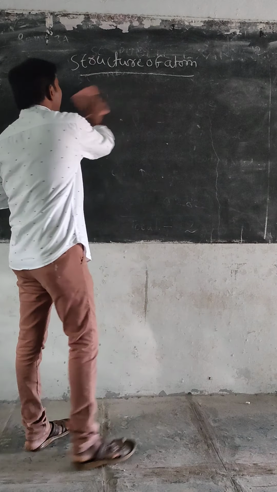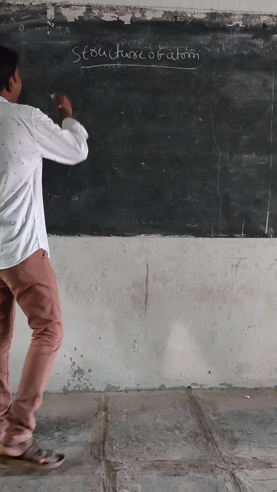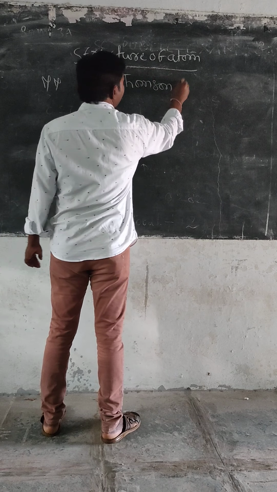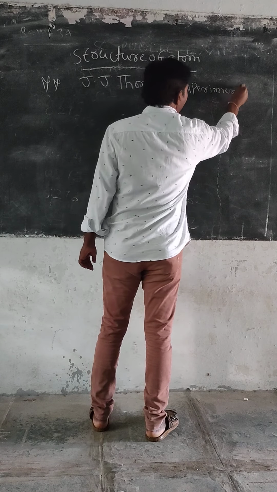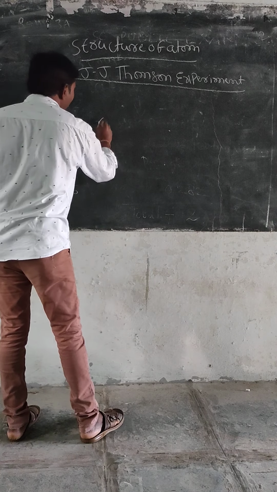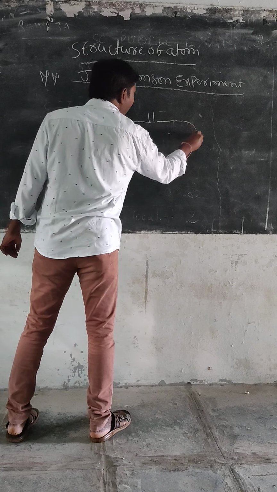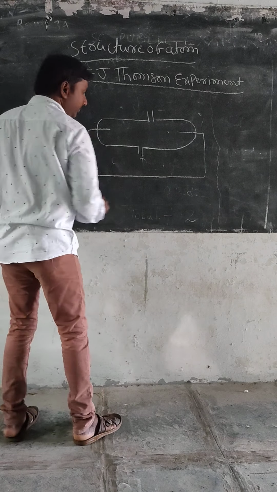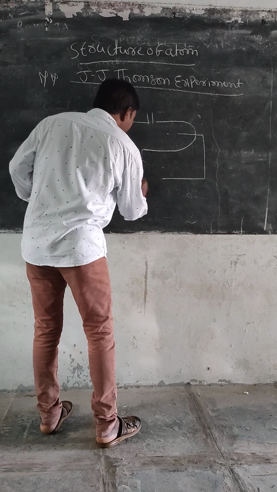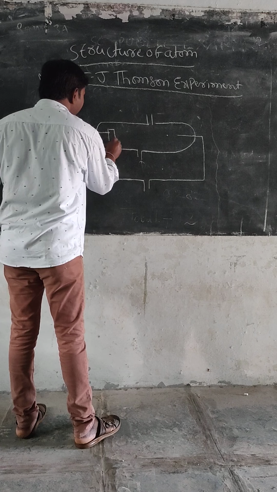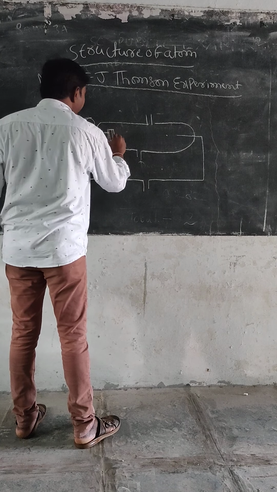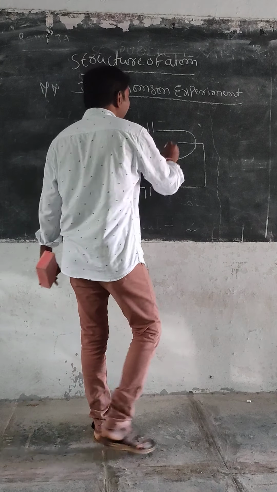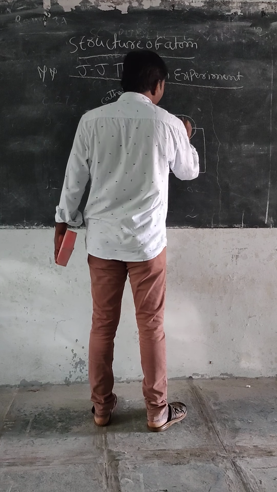You already know this, just recall. Then here we have an important topic, cathode rays, that means J.J. Thomson's experiment. We arrange one electrode metal rod, that is the anode.